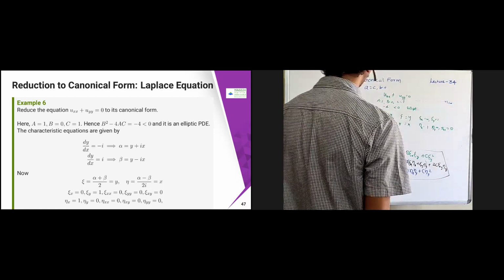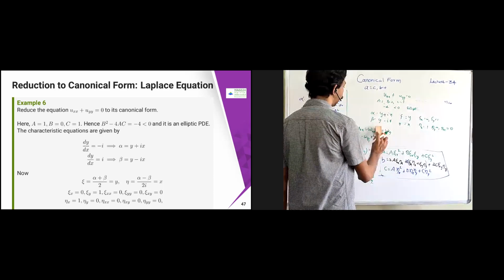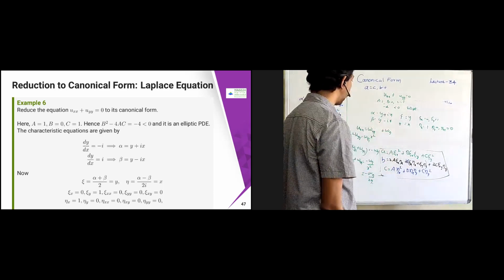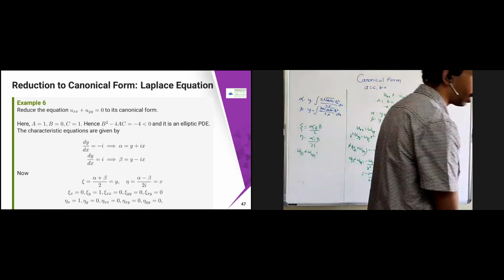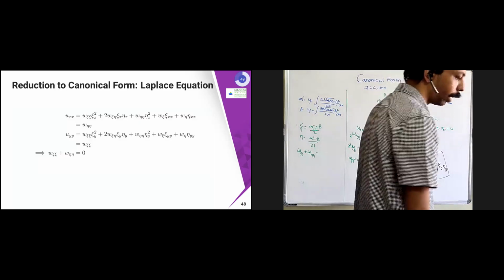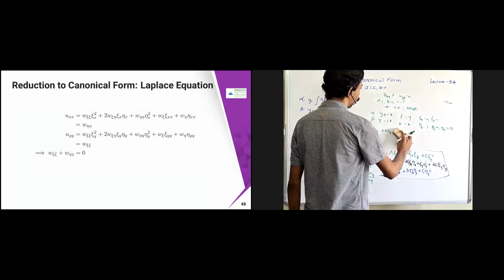Okay, so in this case I'm going to get once again the same kind of logic. Chi eta is going to come this way, and I think this term also will vanish. Chi w eta also will vanish here because eta x is 0.